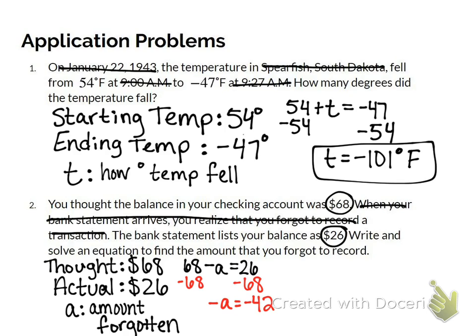No. This would read as negative A, or the opposite of A. So if negative A is negative 42, what is positive A going to be? Positive 42. So if we change one sign, we change it on the other side. We didn't want negative A, we wanted A. So the amount that we forgot was how much? $42. Would it make sense to say we forgot negative $42? No. That doesn't even make sense to say. That's the whole check step.